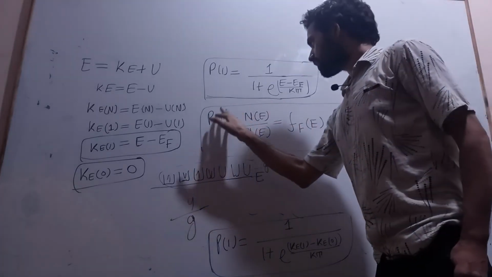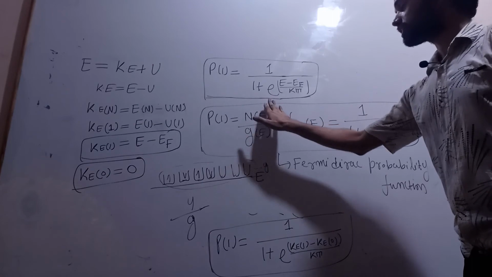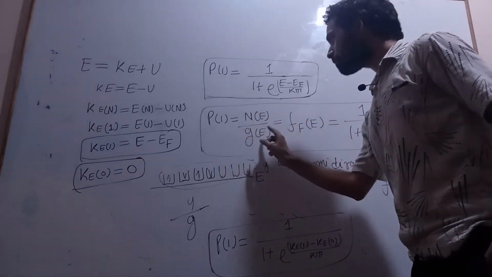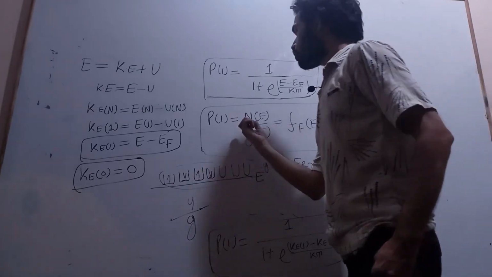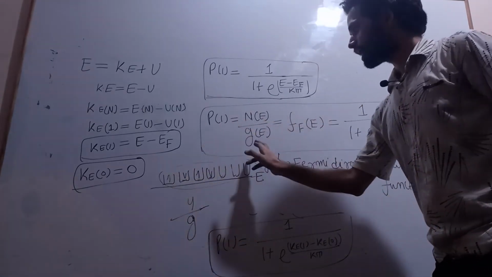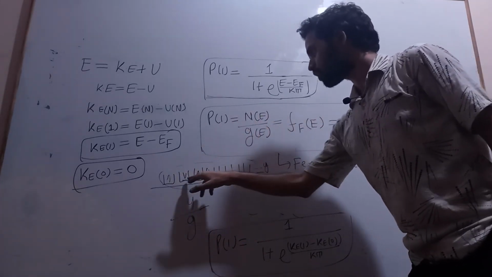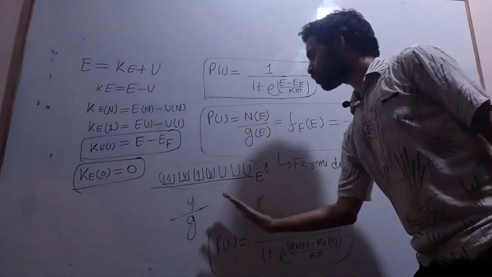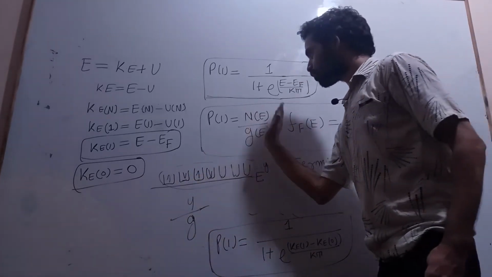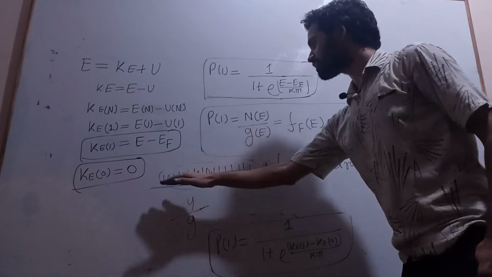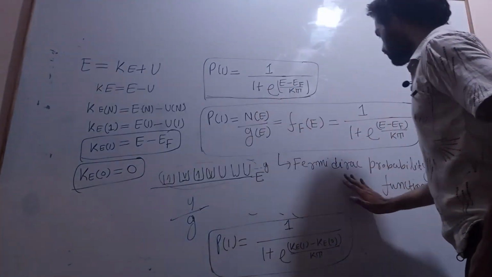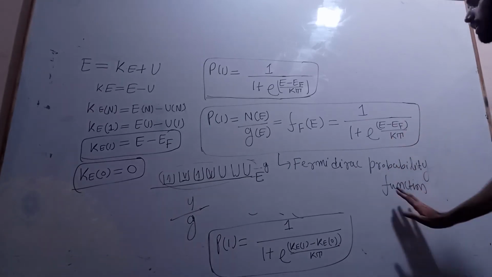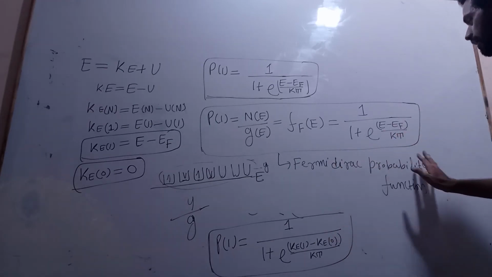Or another way to define it is as the ratio of the number of quantum states occupied by electrons out of the total number of quantum states in energy level E.